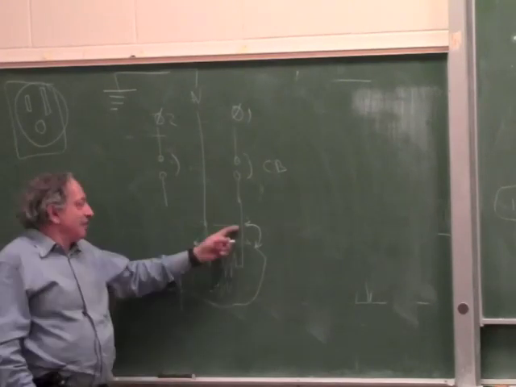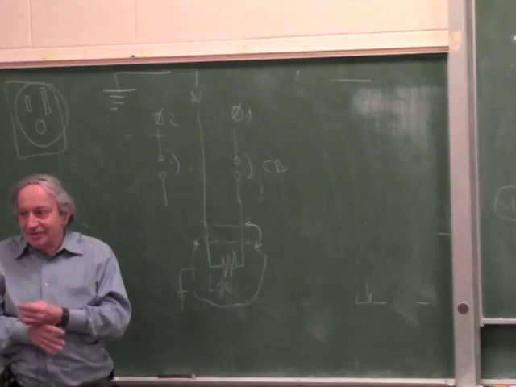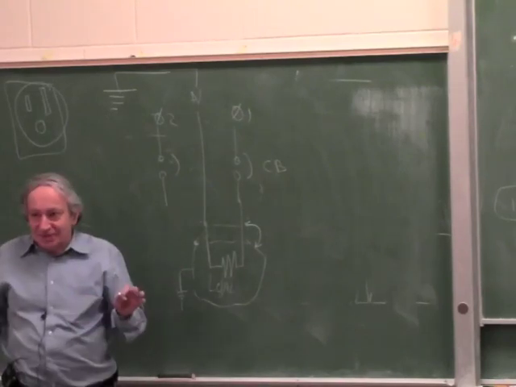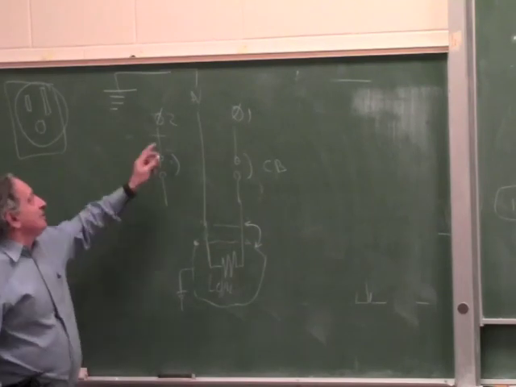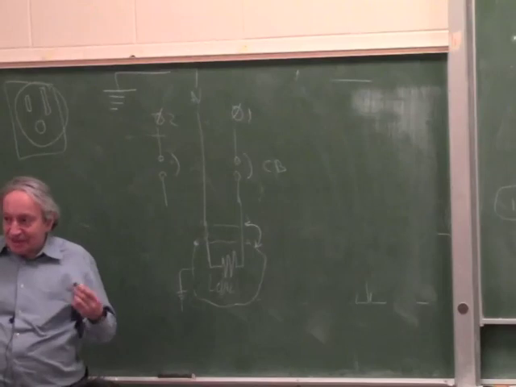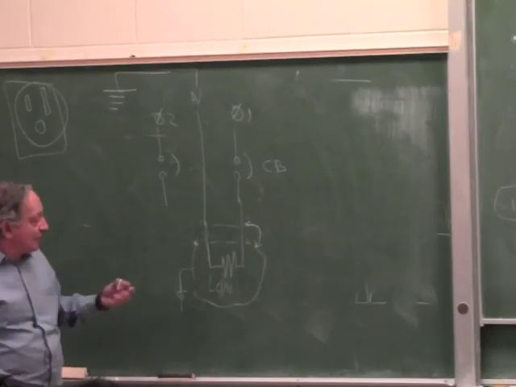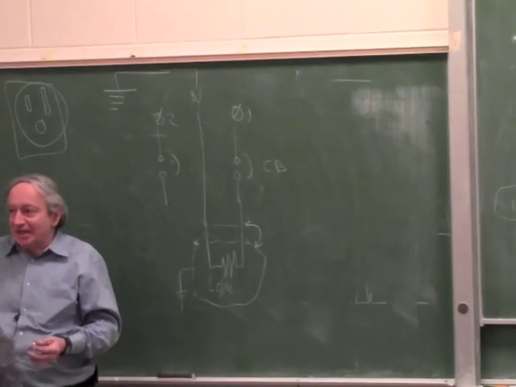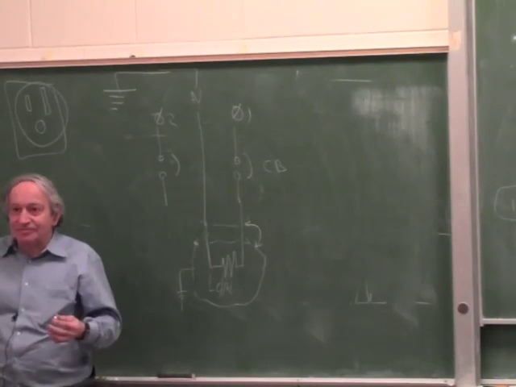And the live wire touching the neutral is a short. And if you have a short, the breaker will blow, or the fuse. Is that clear? So if you don't connect the neutral to ground in a house, outside the house, inside, you cannot protect yourself from the cases of appliances becoming live and electrocuting you.